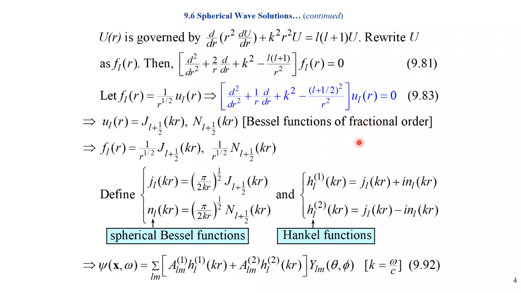So FL this time becomes 1 over square root of R times Bessel function of order L plus 1 over 2 of KR. And another one, we can define another symbol called j and n, lowercase j, lowercase n.